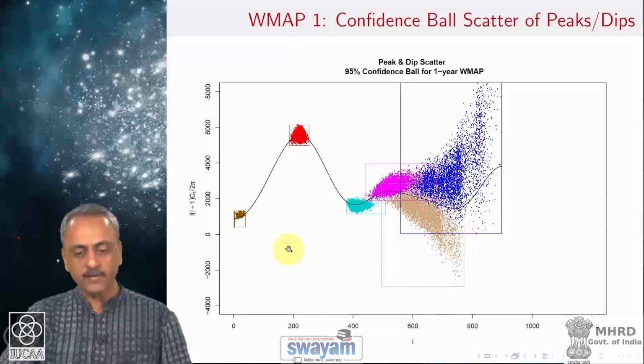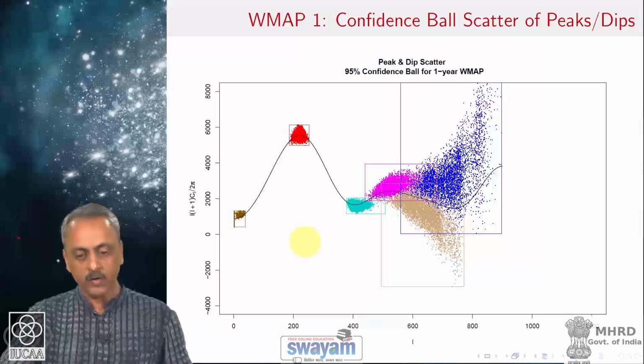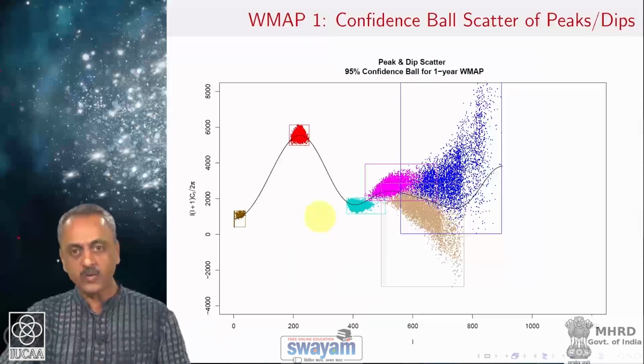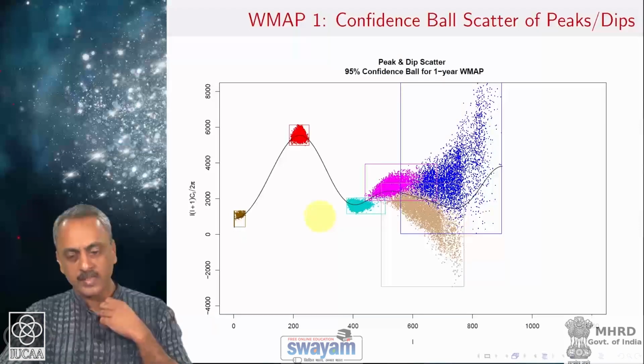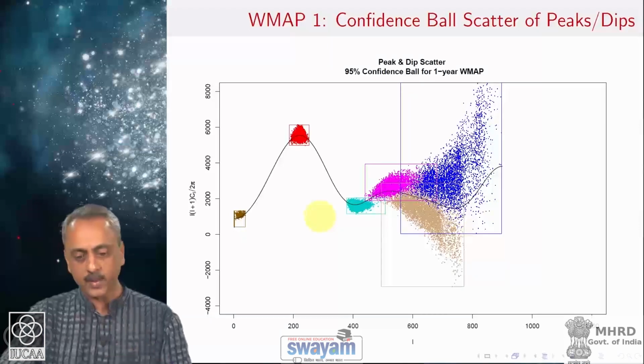We worked at the 95% level of confidence, or probability, that the true but unknown power spectrum is inside the set.